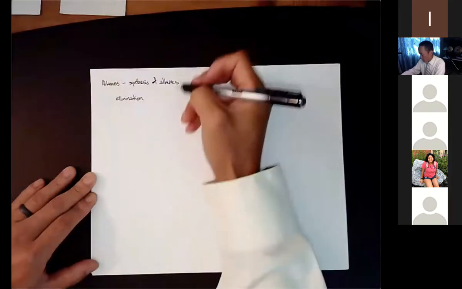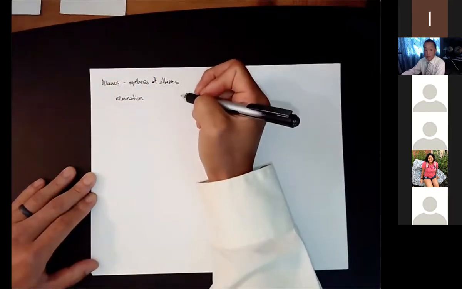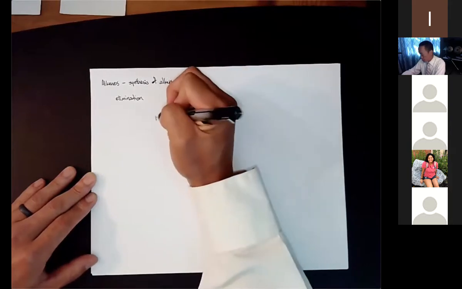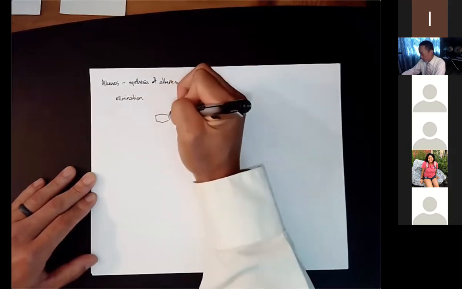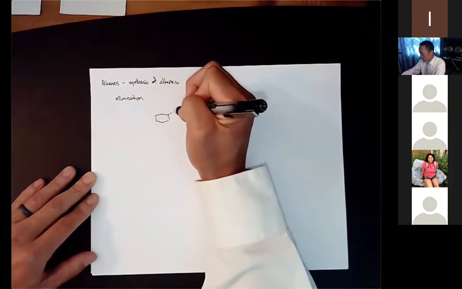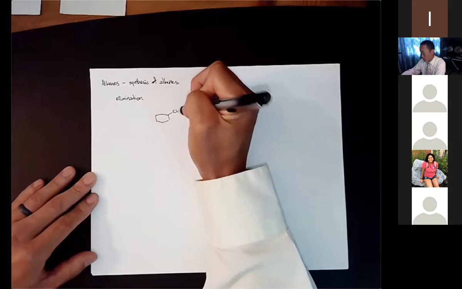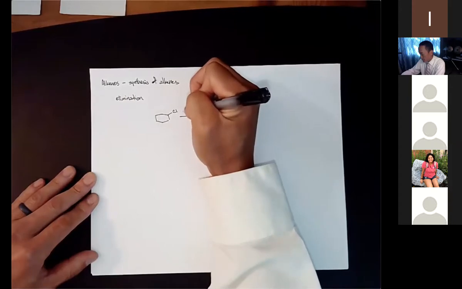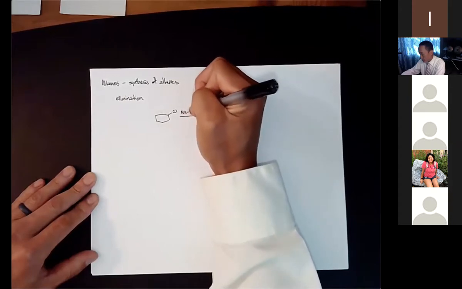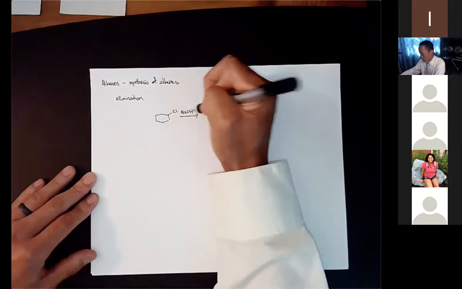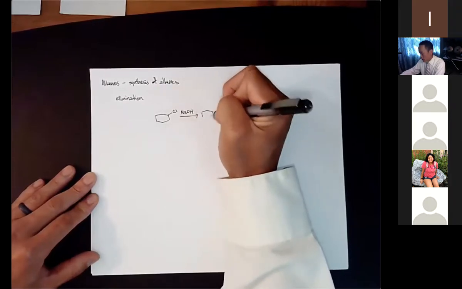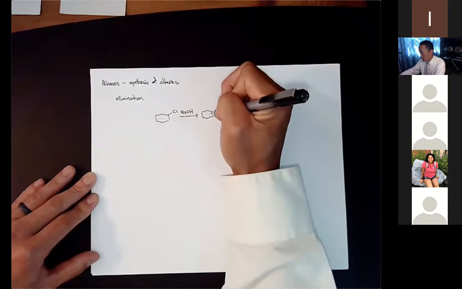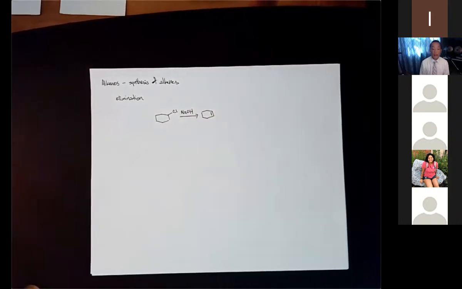For us, the chemical reaction scheme that we would use to describe elimination reactions would be, generically, we'll stick with the six-membered ring here, having some sort of halogen, typically, or leaving group, we'll just stick with the halogen, and then some type of base, and ultimately generating a double bond as a result.